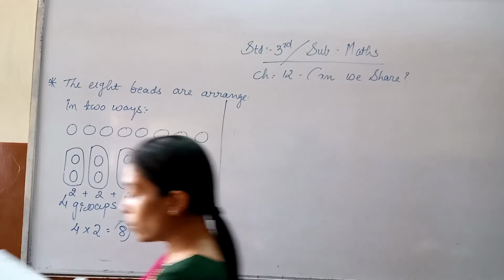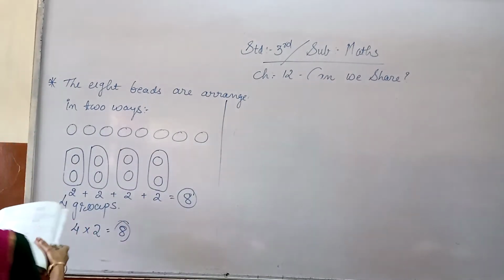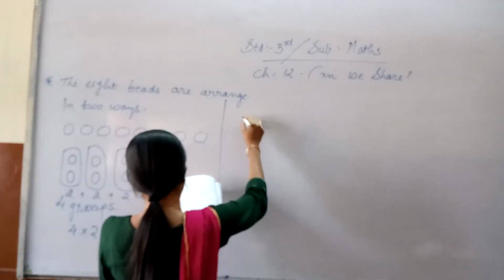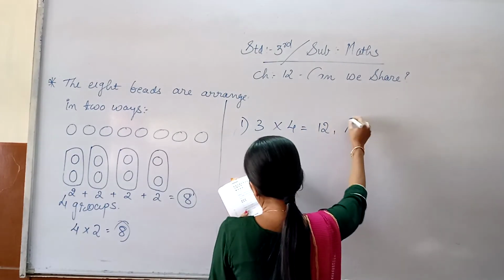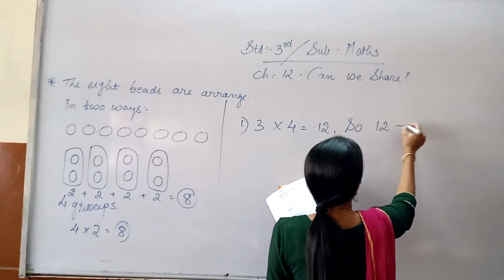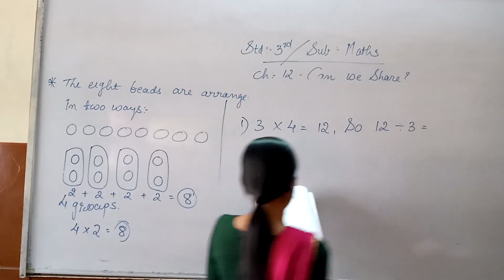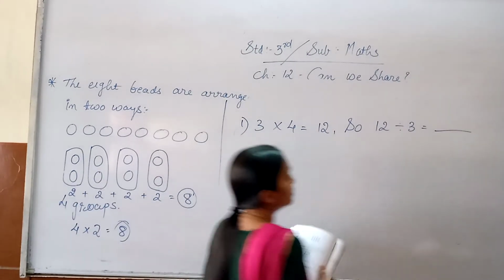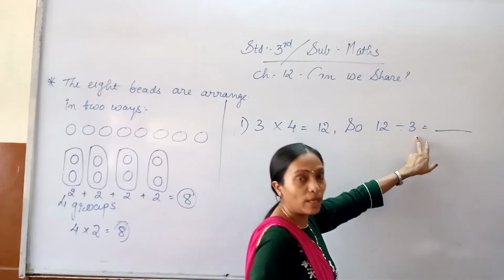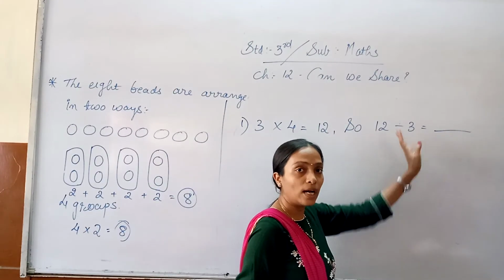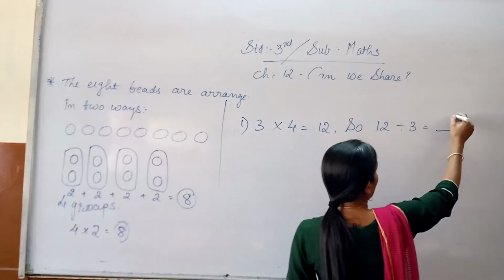First one: 3 4s are 12. So 12 divided by 3 equals how much? That you have to write over here. 3 4s are 12, so if we divide 12 by 3, what do we get? 4 3s are 12. So the answer will be 4 here.